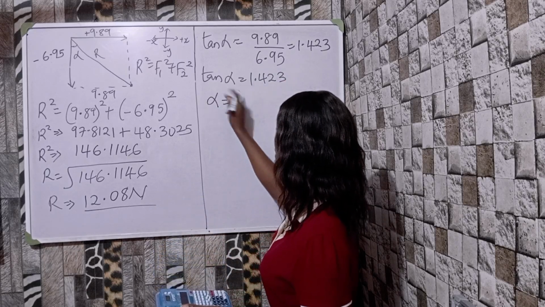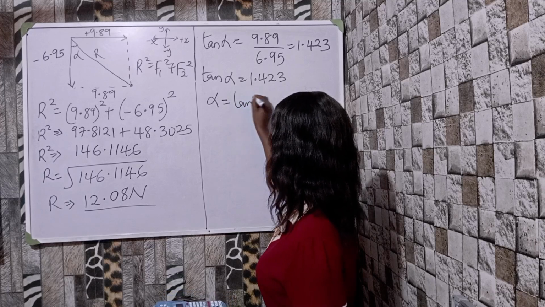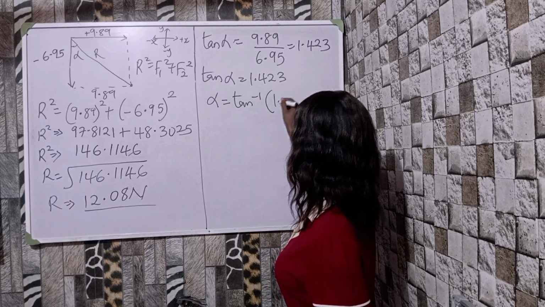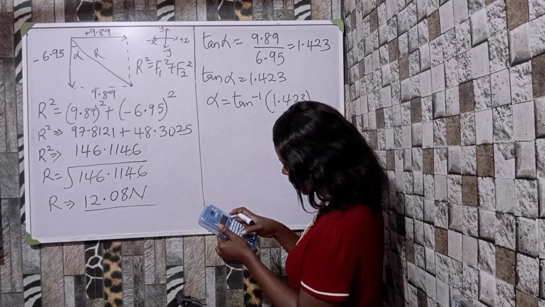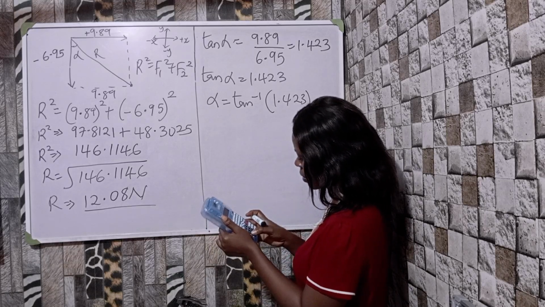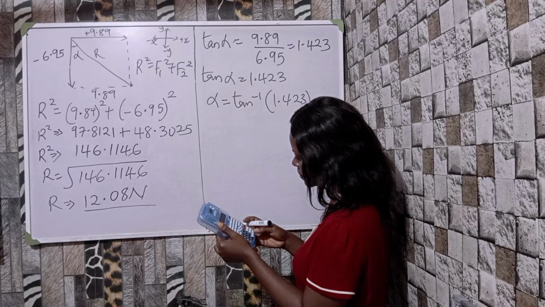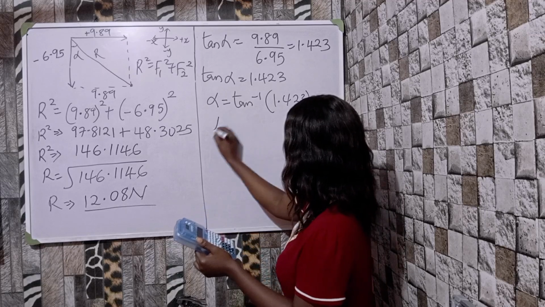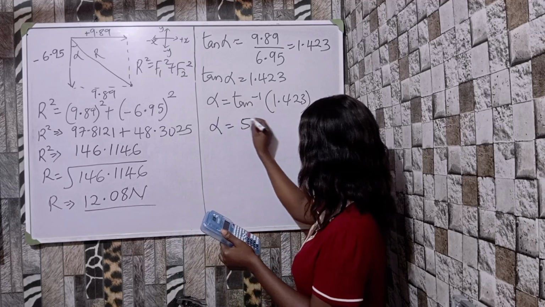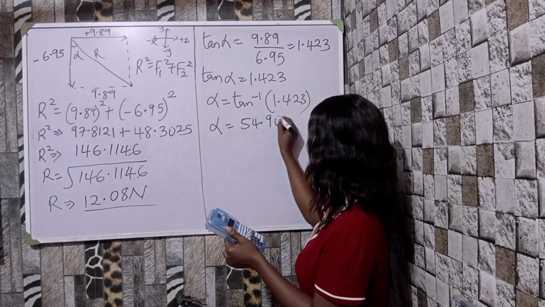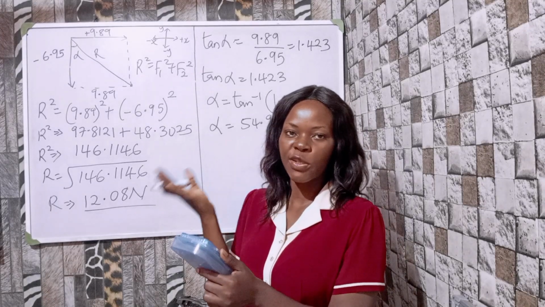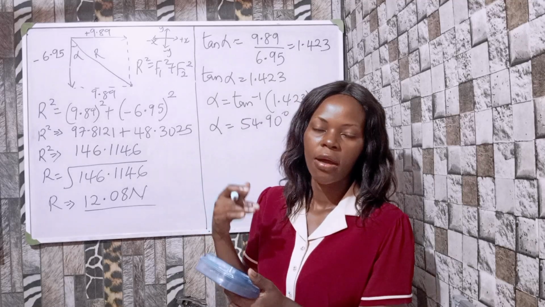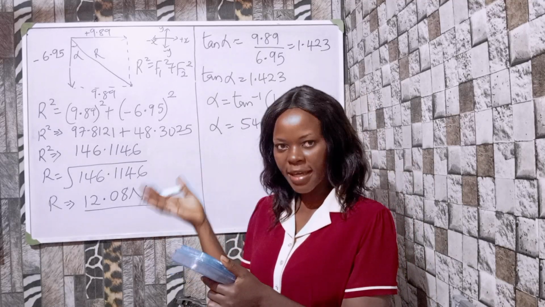My alpha is the direction. I'm going to say tan inverse of 1.423. So that is shift tan 1.423. So the alpha is going to give me 54.90 degrees. Then you must indicate whether it's coming from north or from south, and where it's heading to.